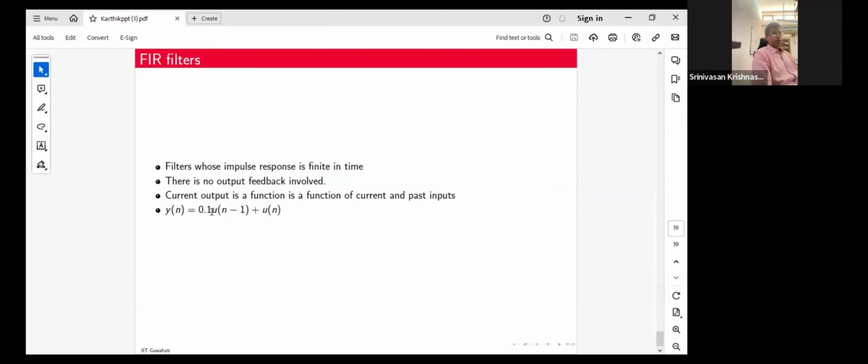The expression for the output does not have any term that includes the past outputs. It has only past and current inputs. So the moment your input goes to 0, eventually your output has to go to 0, because there is no memory at the output involved. There's no feedback involved. So that's what an FIR filter is.